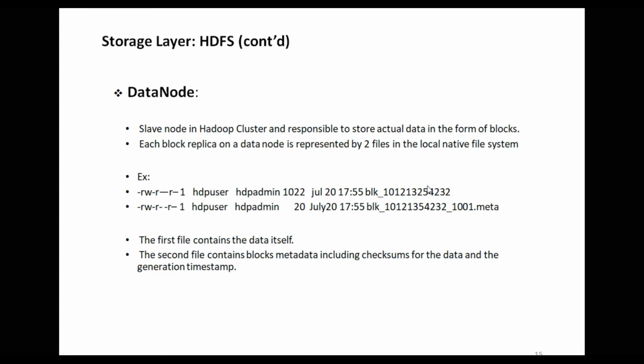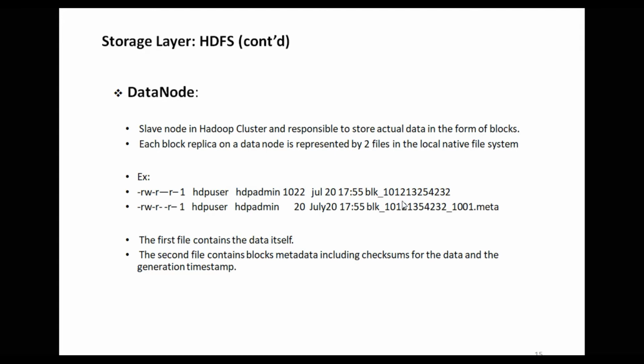The block is like, when you copy some data, the file is split into blocks, right? That is the block information. And another one is this block's metadata: the block name, the block timestamp, everything is also maintained in data nodes locally. This is called the data node's local copy representing each block replica in the native file system.